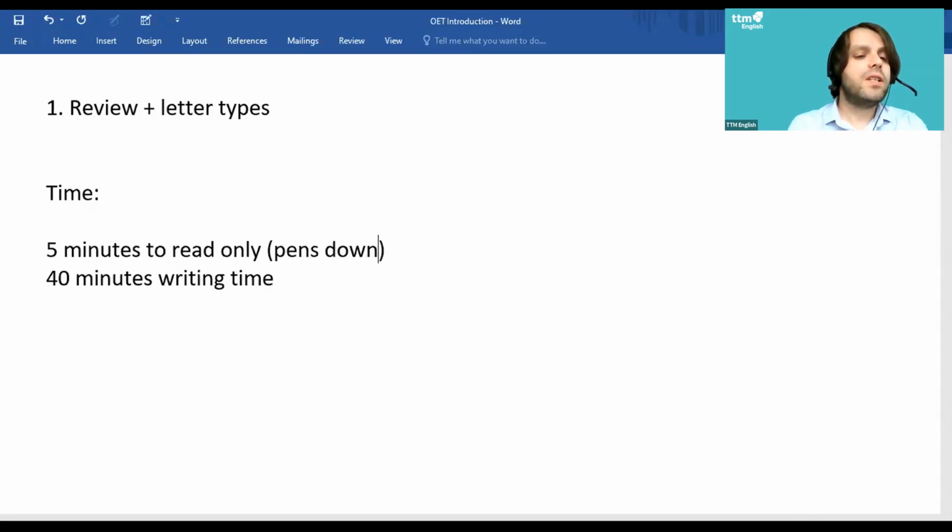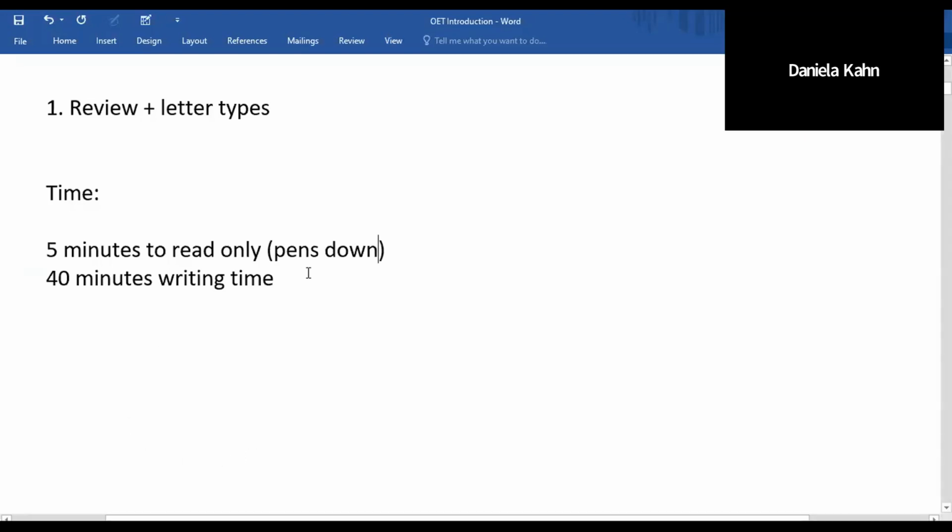Is there anything else about the OET writing exam we should know in terms of basic format? You can't wear watches, of course, in the exam. It's profession specific, so you have a task for doctors and a task for nurses.